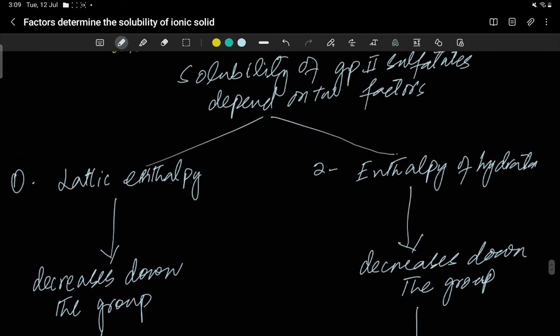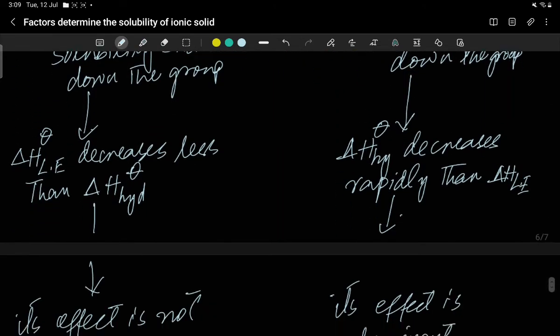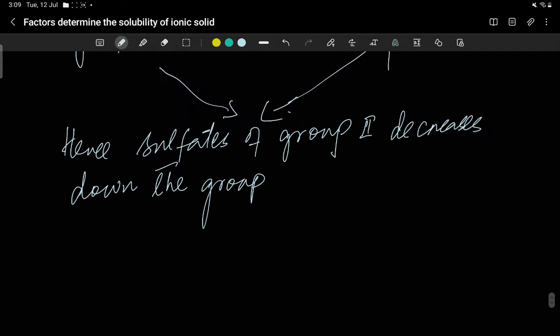So in this way, we explain why solubility of sulfate decreases downward.